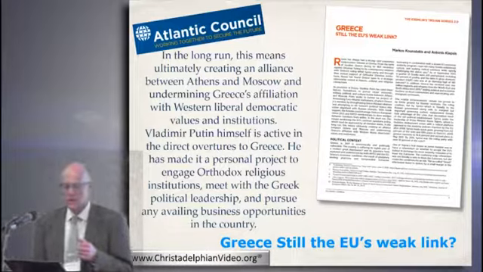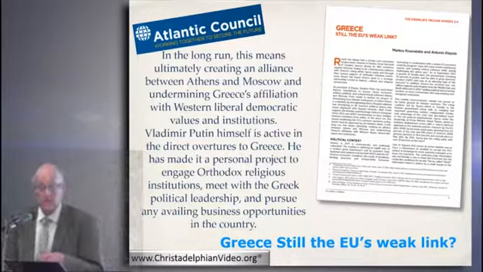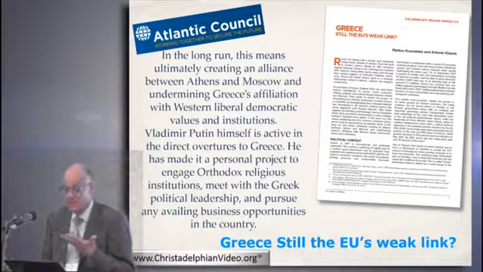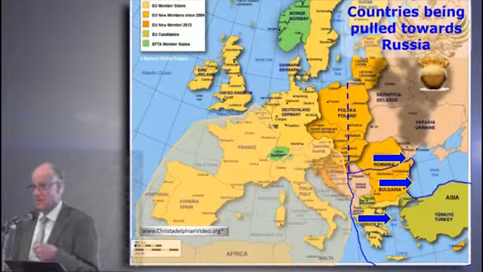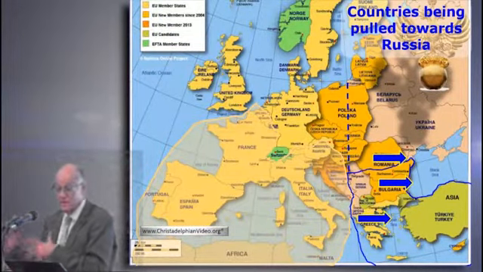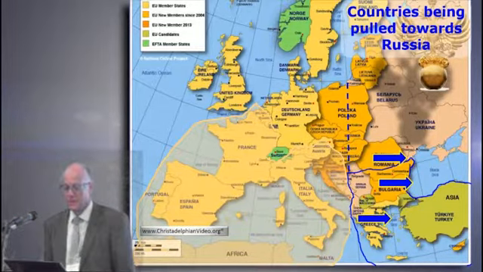So he's been working hard, and the Greek leader admits that the strategic choice of his party is to improve Greco-Russian relations. So he sees the future for Greece lies in working with Russia rather than the EU.